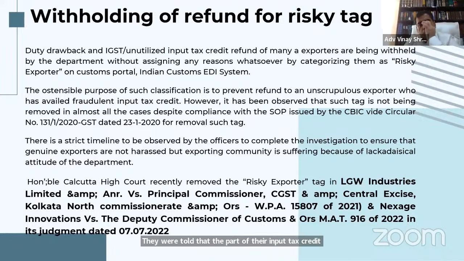And once such communication was made, the SAC paid that disputed tax amount also in order to get that risky exporter tag removed. And in the other case, the refund was being denied on the basis of L2 exporter. And this is all done by DGARM, who never issues any notice and never takes any action regarding the removal.